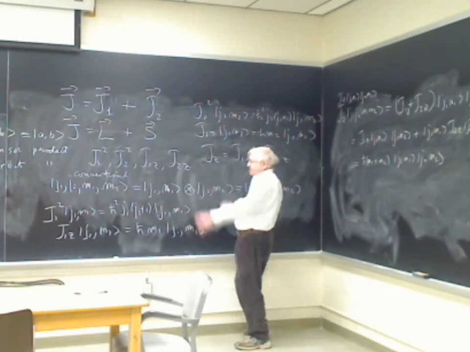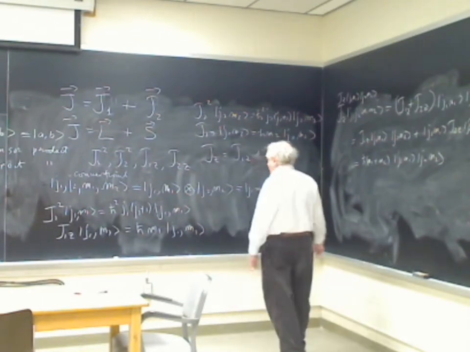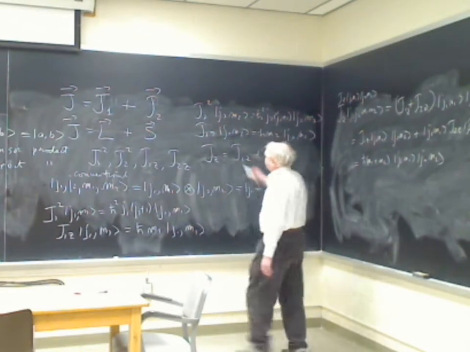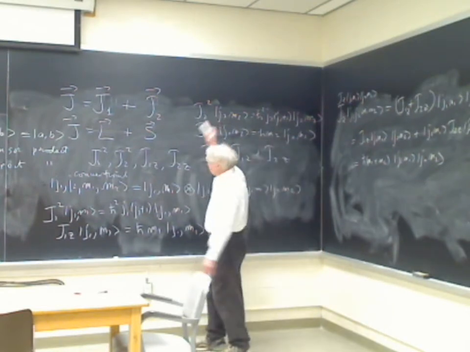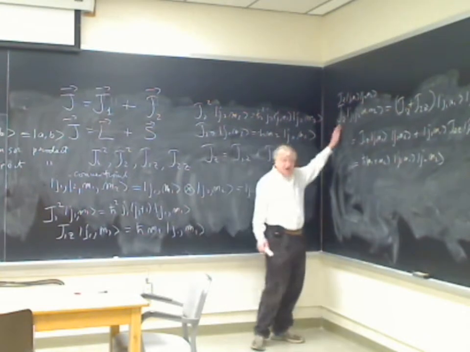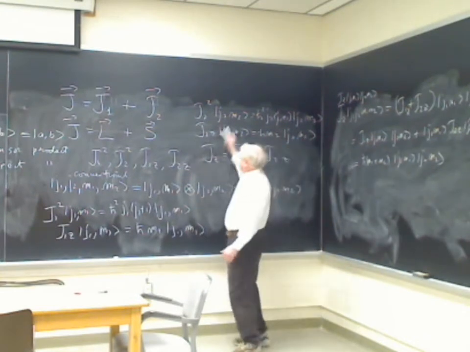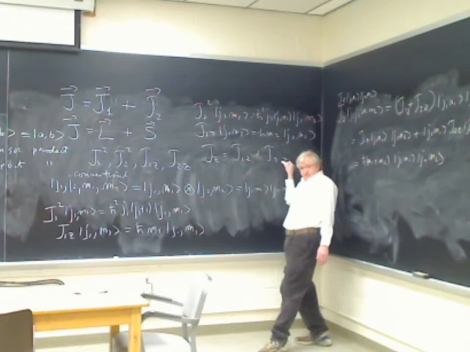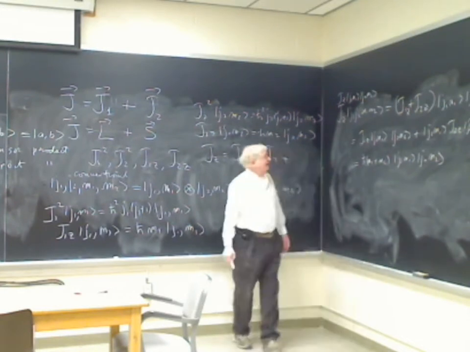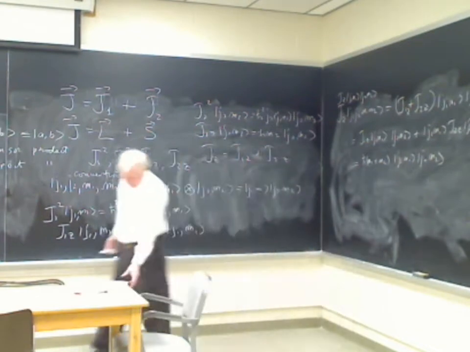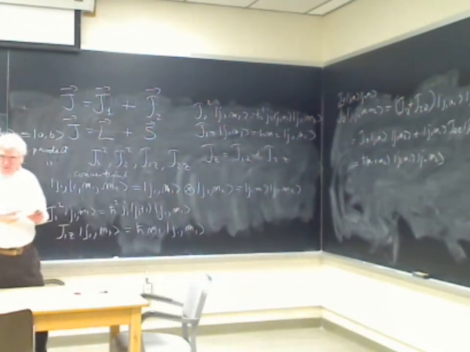We put them together in a direct product, and we see that we have eigenstates not only of J1 squared, J2 squared, J1z, and J2z, but also eigenstates of Jz, where Jz is J1z plus J2z. Okay? And the eigenvalues now are these. Is that all right?